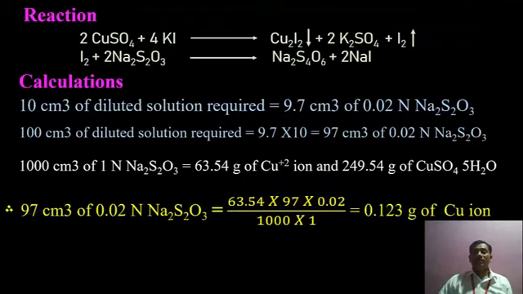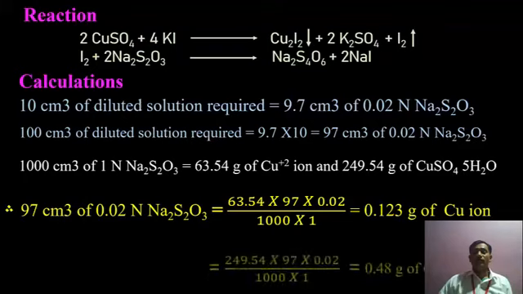Therefore 97 cm cube of 0.02 normal sodium thiosulphate is equal to 63.54 into 97 into 0.02 divided by 1000 into 1, which is equal to 0.123 gram of copper ion.